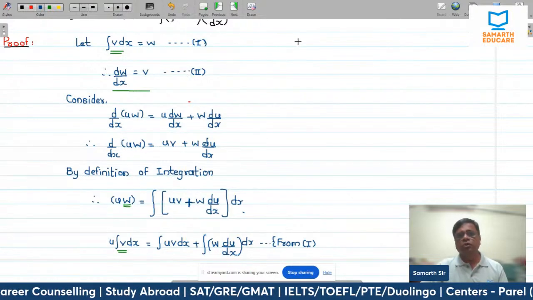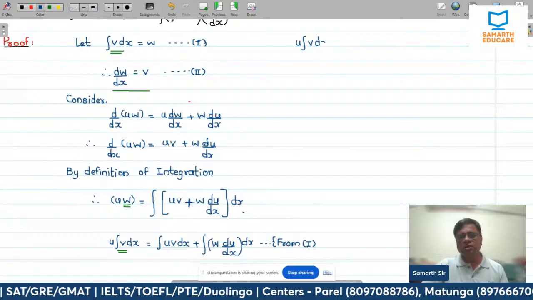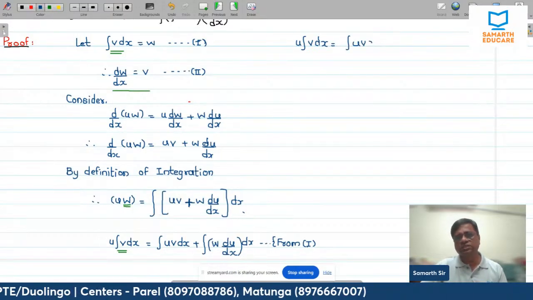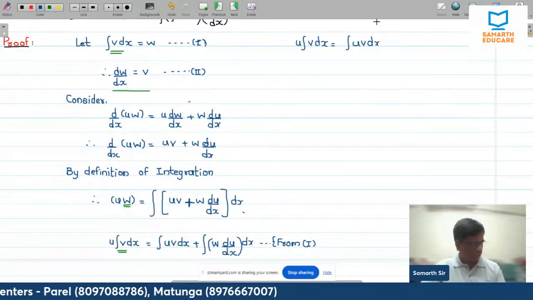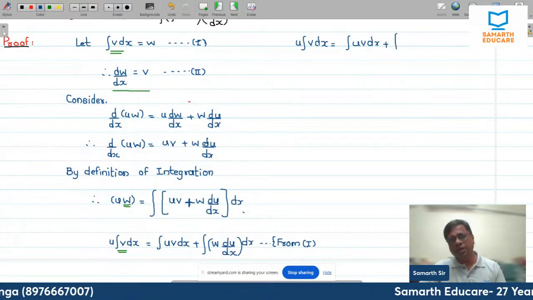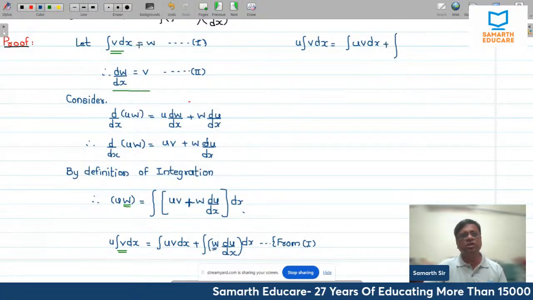Now integration of u v dx is equal to integration of uv dx, plus, coming back to this, I see a w here again. But what is w?